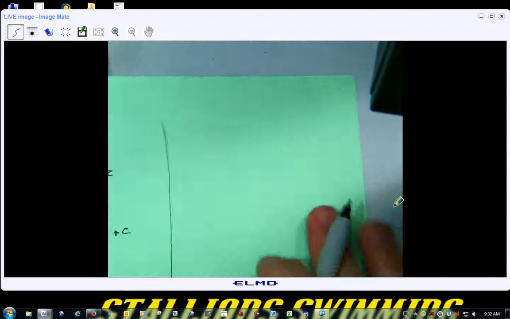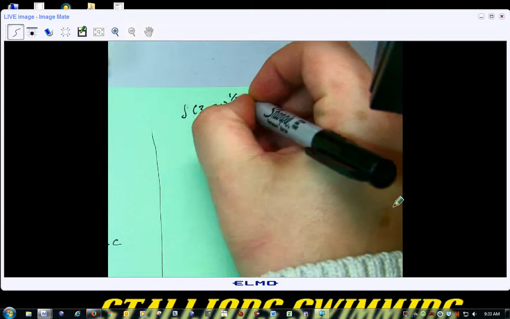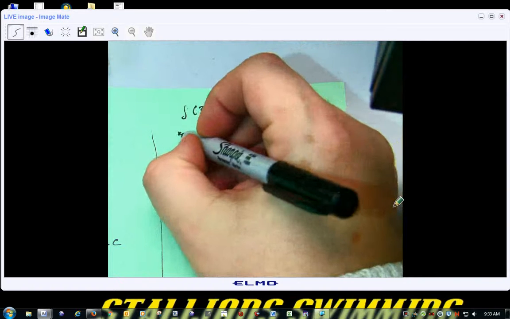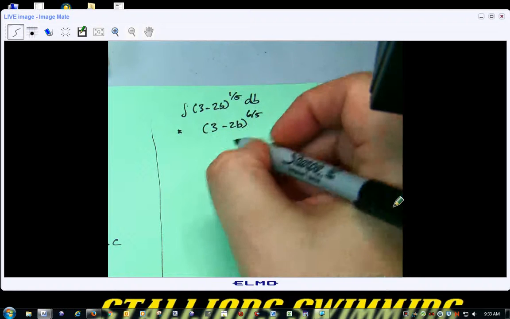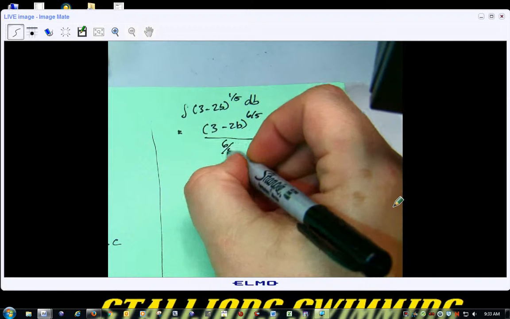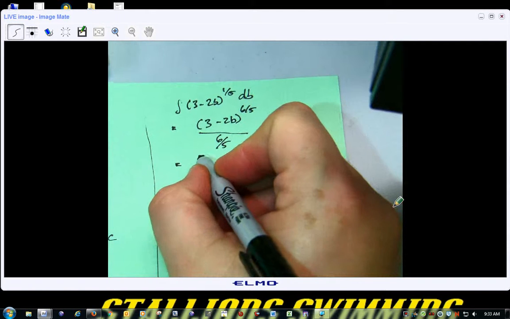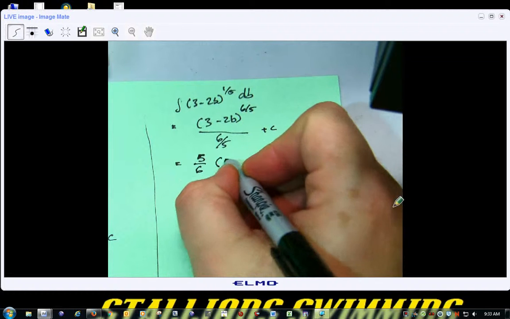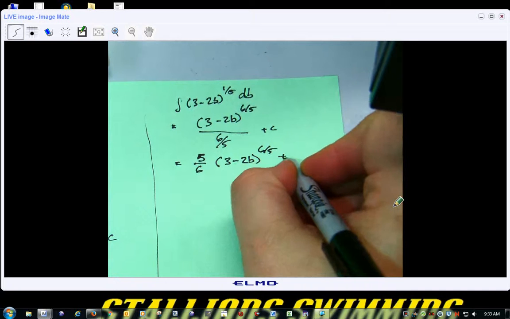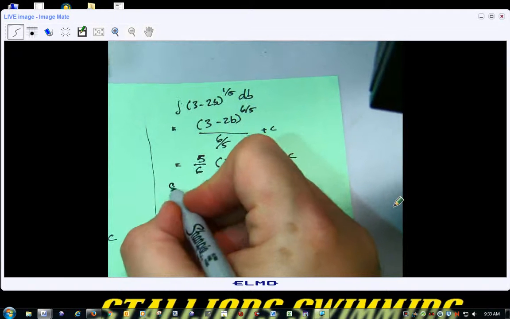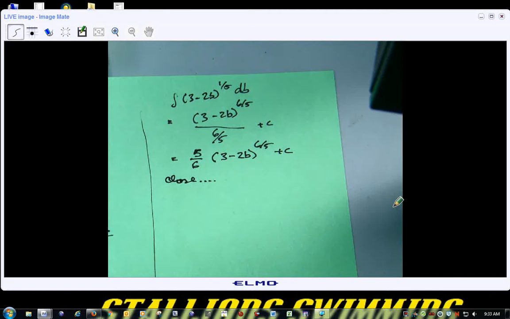Alright, so 3 minus 2b to the 1/5 db would be 3 minus 2b... No, you can't distribute that.